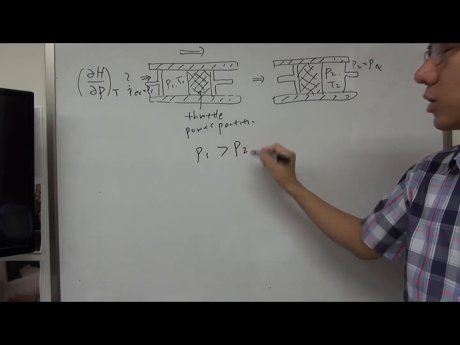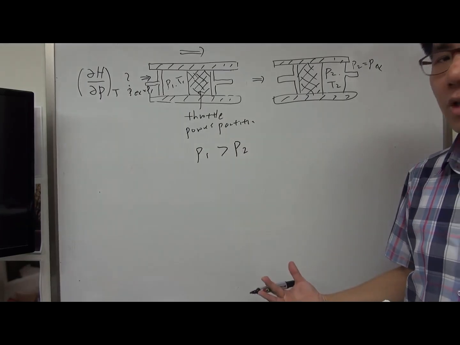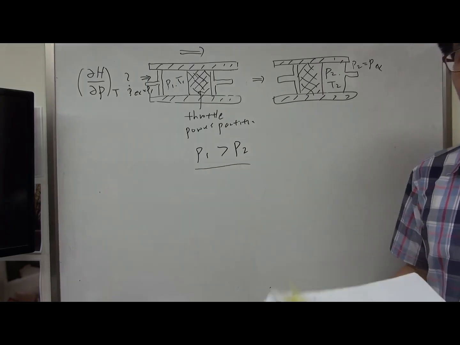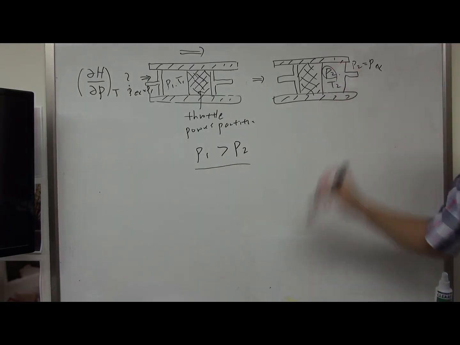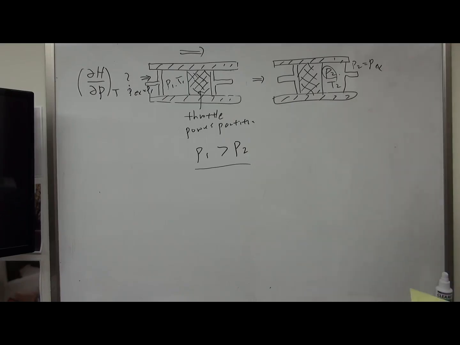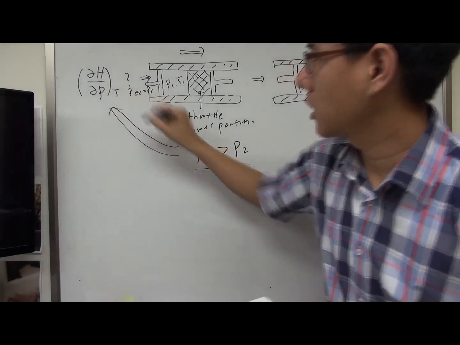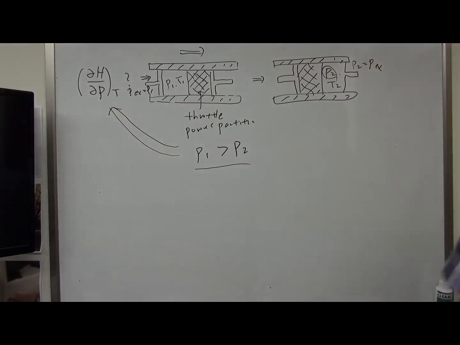The pressure of the fluid gets smaller, right? You get smaller pressure on the right side. So from this kind of experiment, how could they determine this? How can they determine this using this experiment?